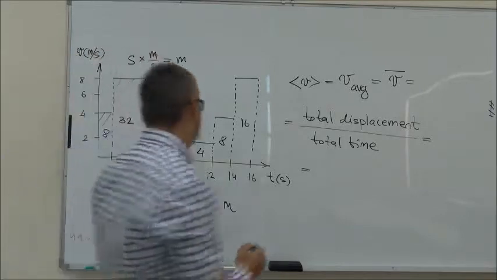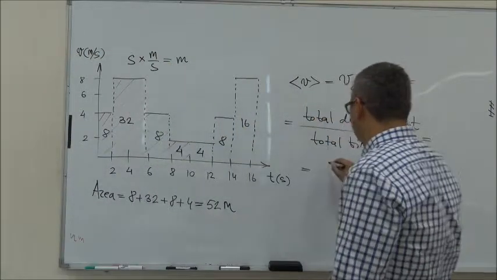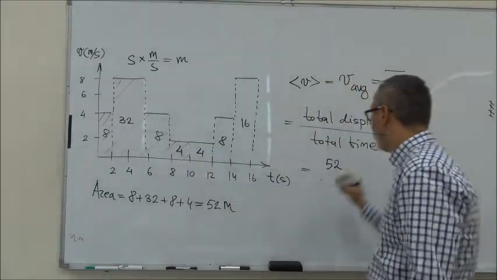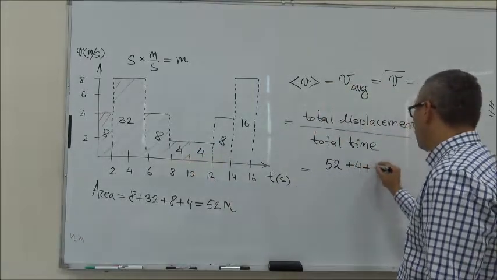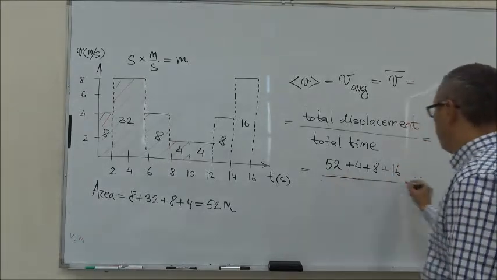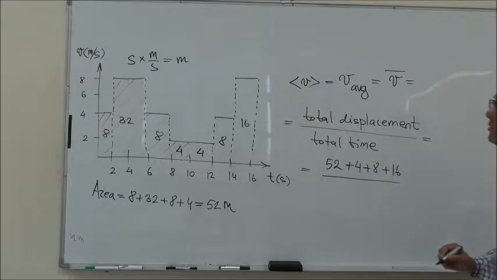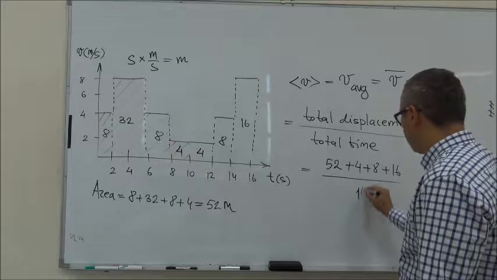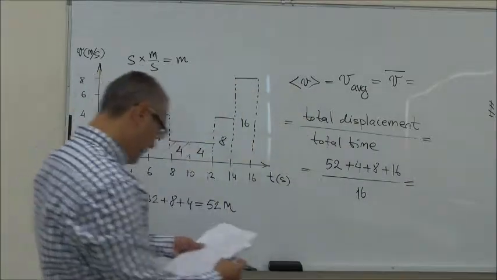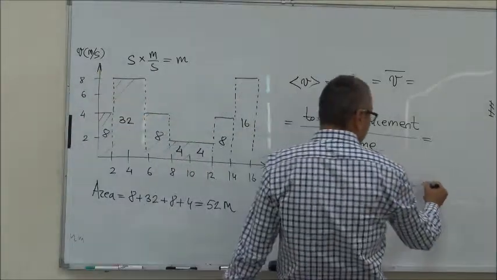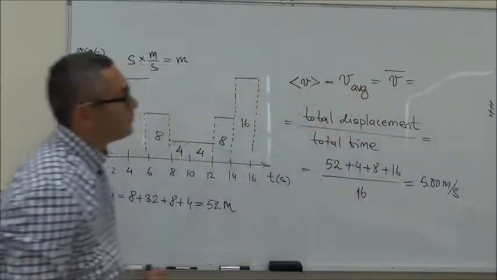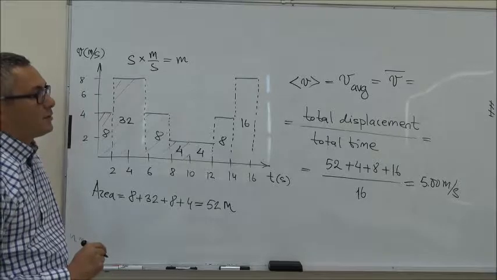So the total displacement would be 52, which we've already calculated, it's this red part, plus 4, plus 8, plus 16, divided by the total time interval, which is 16 seconds. So if you do the math, you should get 5 meters per second for the average velocity of the runner. So 5 meters per second.